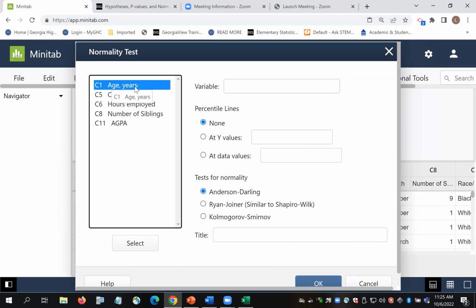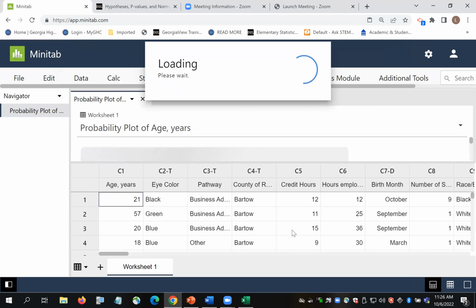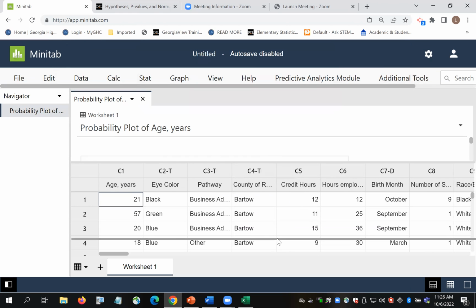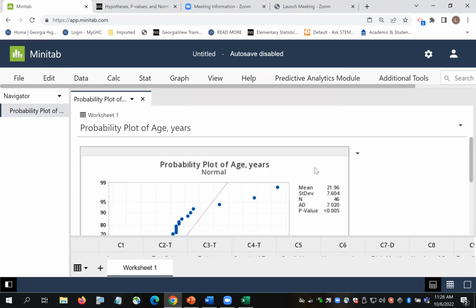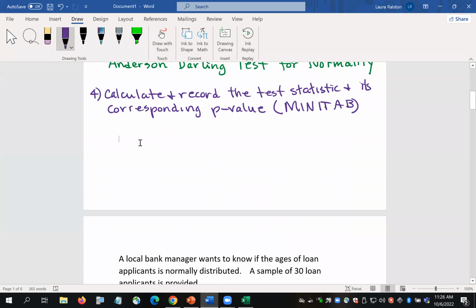I'm doing age. Percentile lines, we choose none. Test for normality, we are doing Anderson-Darling. Then I'm going to click OK. And in the top half of my screen, we get a graph, and I'm going to copy that over to my paper.